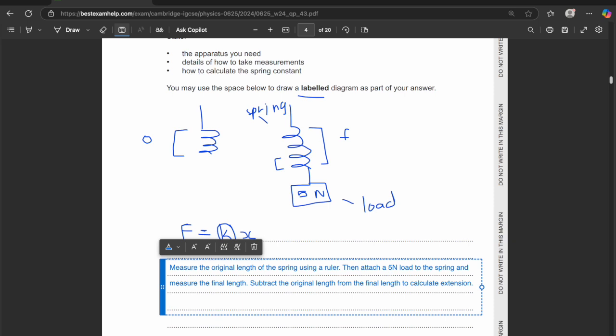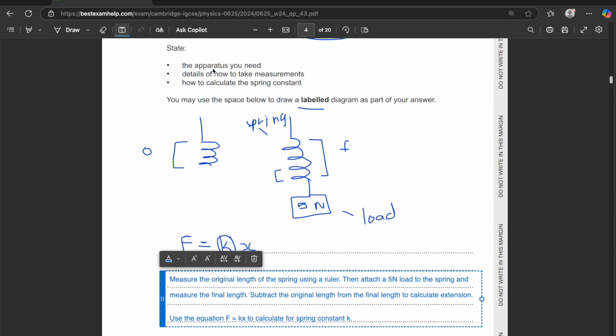And you can use this equation, right? So use the equation F = kx to calculate the spring constant k.